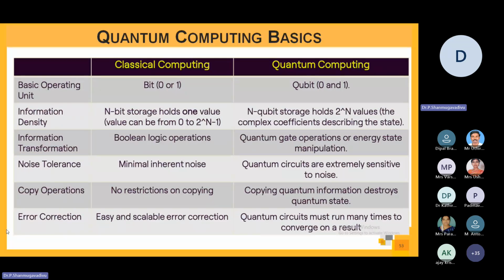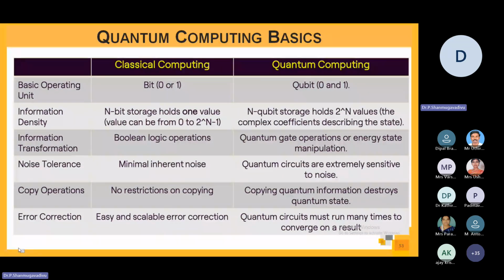If I have 3 bits, then I can store 8 values, 0 to 7. Here, n qubits can hold 2^n values, with complex coefficients describing the state. See the way in which it is increasing. Then information transformation: Boolean logic operations versus quantum gate operations on energy state manipulation.